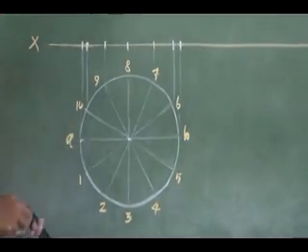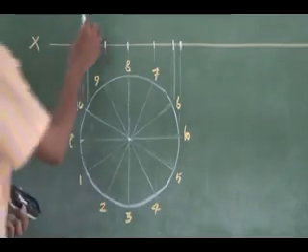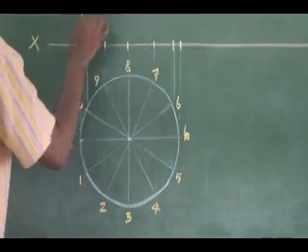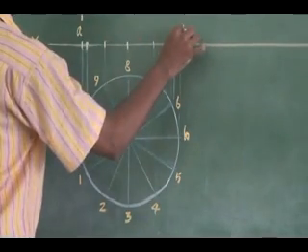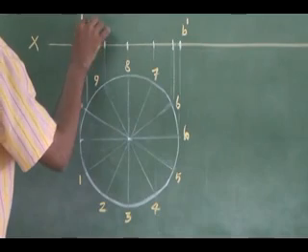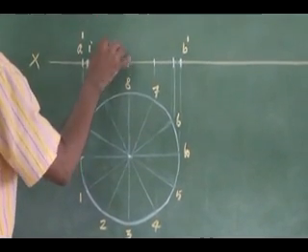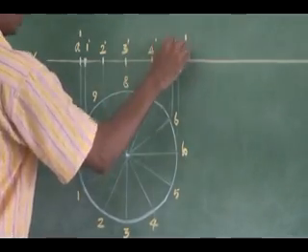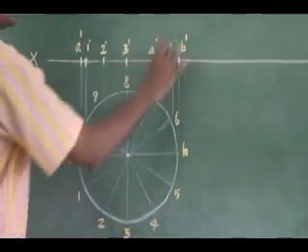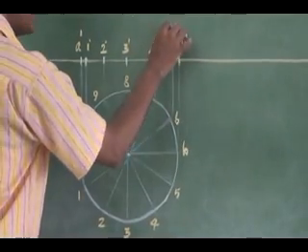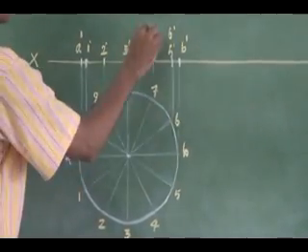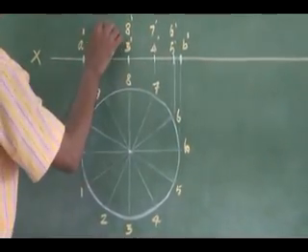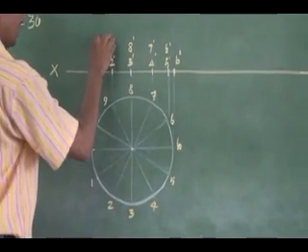So this is my A dash, this is my B dash. Then starting from here, 1 dash, 2 dash, this is 3 dash, 4 dash, this is 5 dash. Then I have 6 dash on the same location, this is B dash. 6 dash, 7 dash, then 8 dash, then 9 dash, then I have 10 dash here.